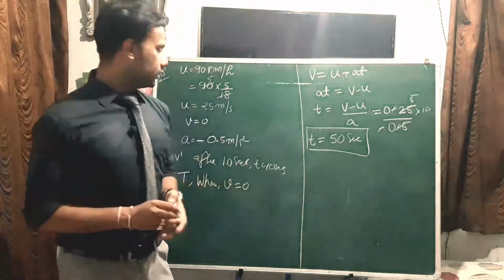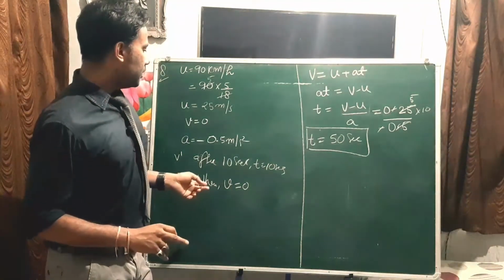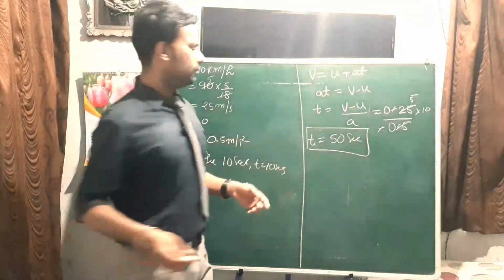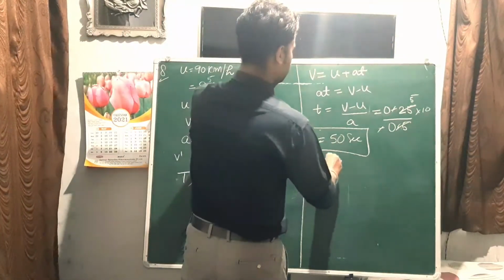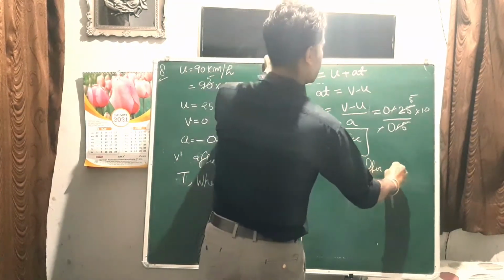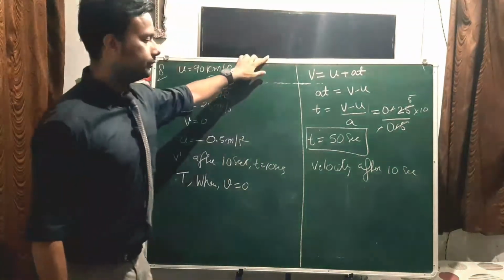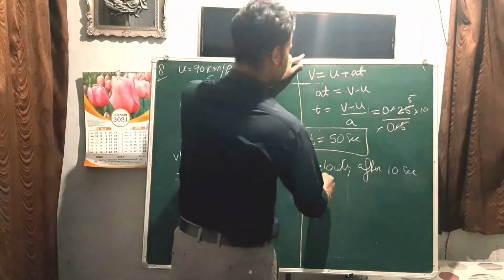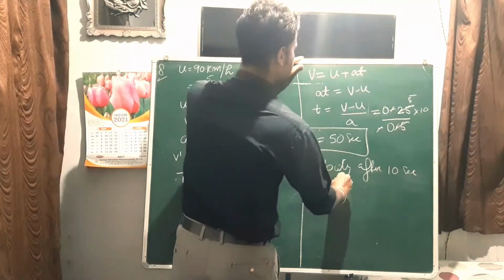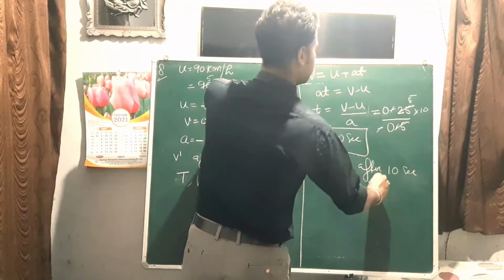Now we have calculated the second part first. In the first part we have to calculate velocity after 10 seconds. So no problem. Velocity after 10 seconds, right? So now here let's say t dash is 10 seconds, and we have to calculate v dash.